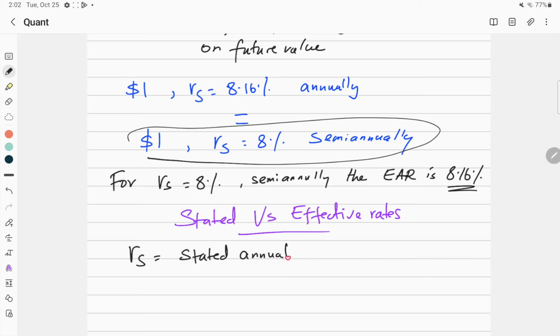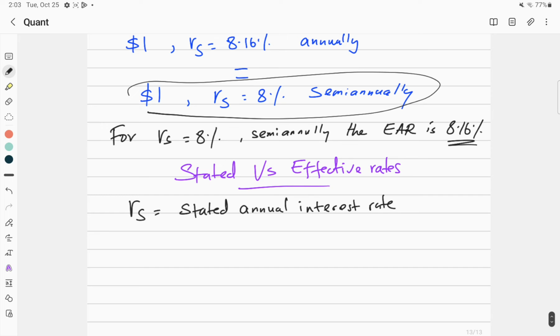The one thing that we observe about the stated annual interest rate is that it cannot directly give us the future value. We have to convert it into a periodic interest rate. Periodic means that period, maybe quarterly, semi-annually, annually, and we do that by dividing it by m, right? So the periodic interest rate is the stated annual interest rate divided by m.